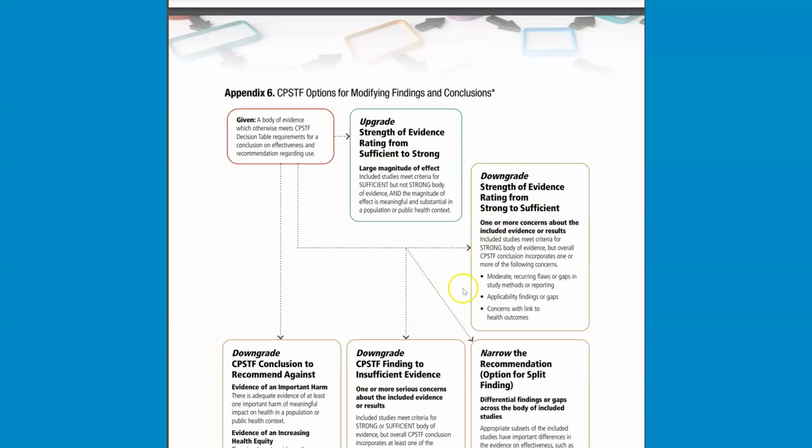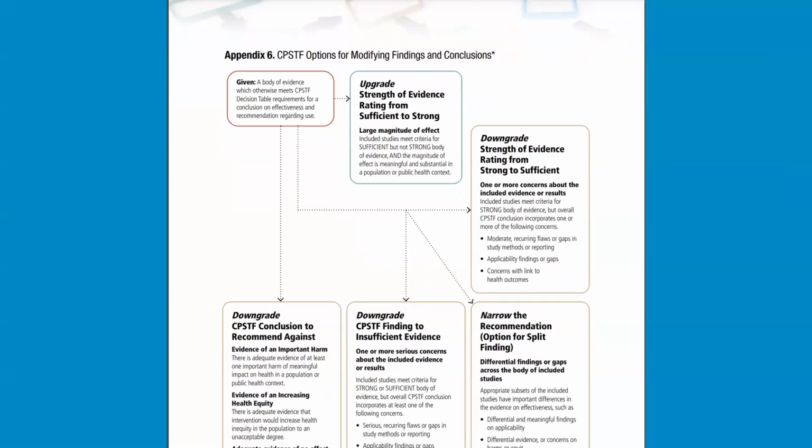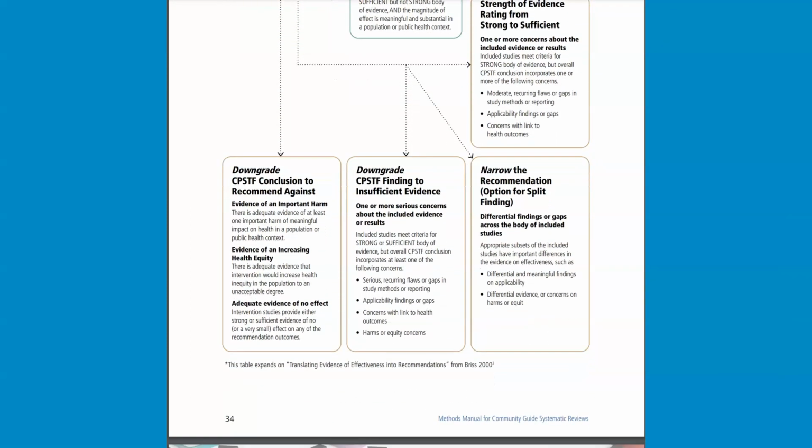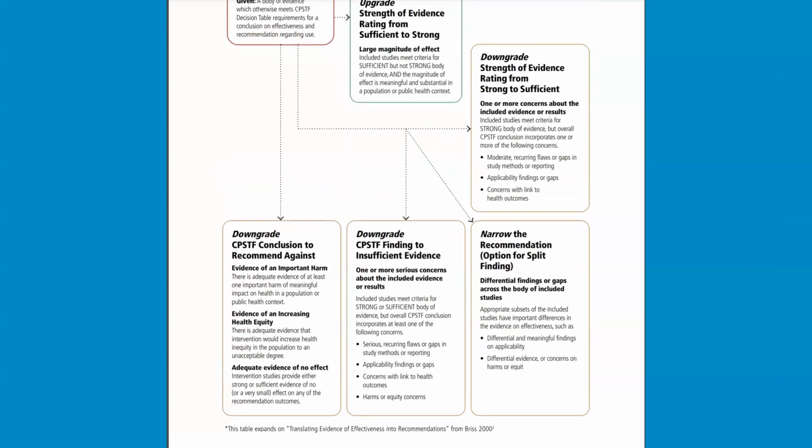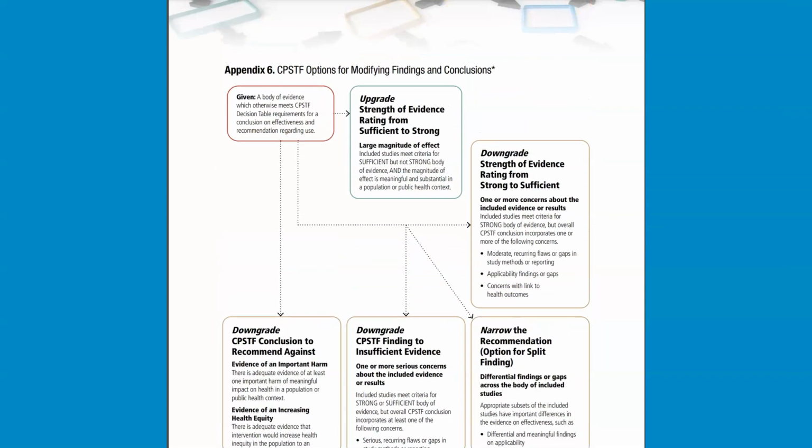You downgrade, you either narrow the recommendation or downgrade the finding to insufficient evidence. So these are all of the different choices and options that the CPSTF has to go through in order to translate policy to recommendations. So this is a good example of this.